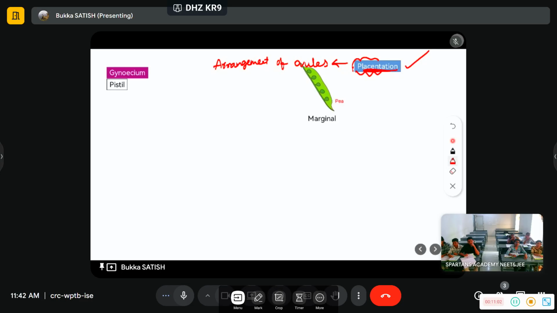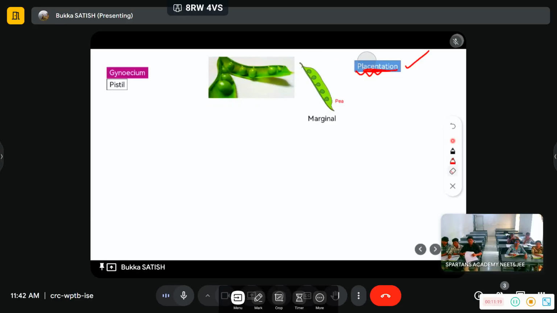Right. Coming to the types, one is marginal, which you can see in pea or bean. If you observe properly and try to open this bean, what you see is fruit. Before fertilization, it is ovary only, no? These are seeds. Before fertilization, they are ovules only.